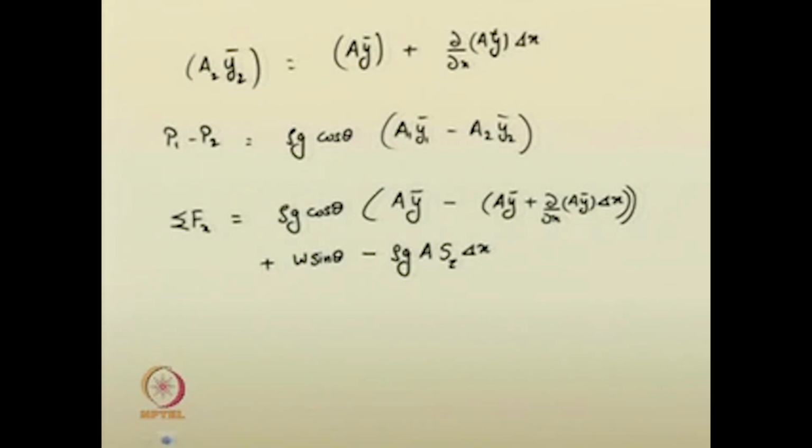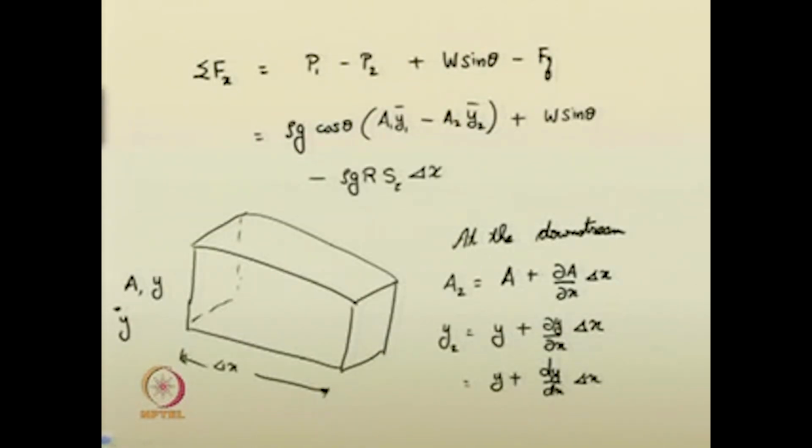In the previous slide, if you recall, I think I made a mistake in the earlier slide. If you see here, this is rho g r S2 into P into del x, that is the wetted perimeter. So, please correct it, this quantity rho g r S2 P into del x.